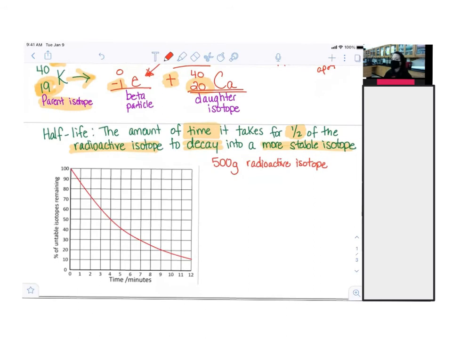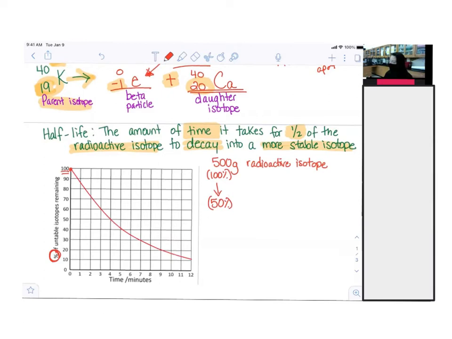So I need to find out how long does it take for me to go from having 100% of my material to having only 50% of my material. So if I look at this graph, it shows starting with 100% of my unstable material. So my 500 grams would be my 100% for this example. How long does it take for me to have only 50%?